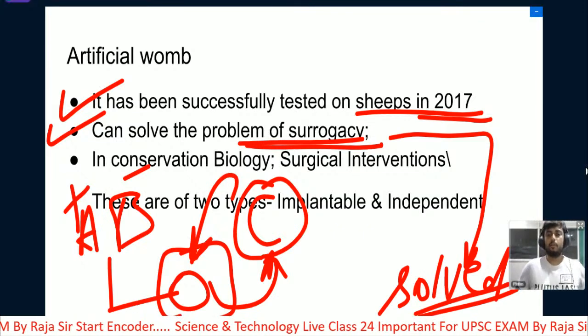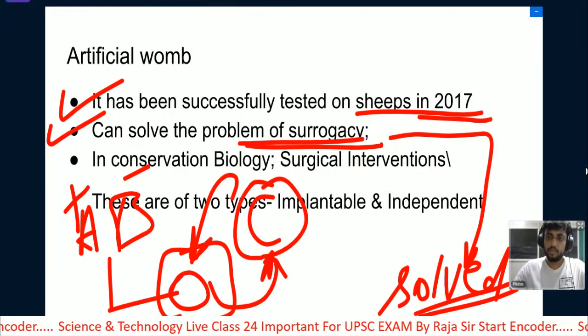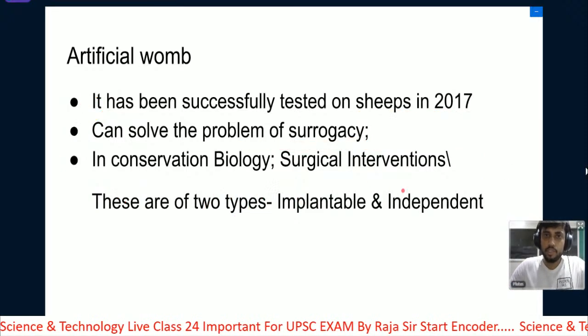So there are certain problems with surrogacy, and these issues can be resolved if the artificial womb technology is developed.